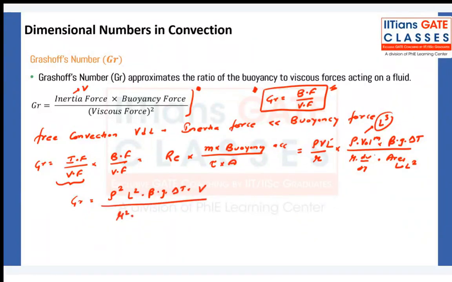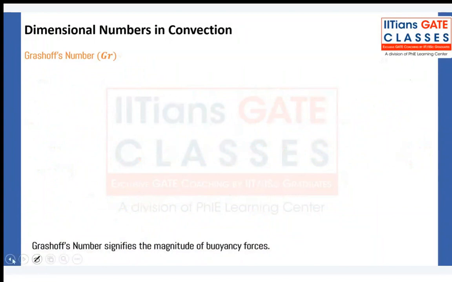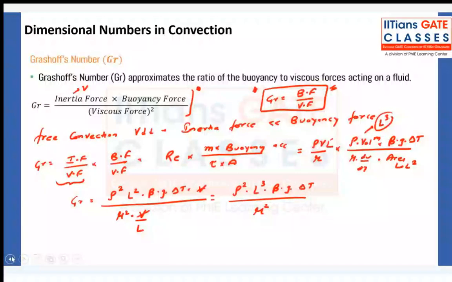This is velocity by L. This much is left. So velocity and velocity will also get cancelled. Rho square L cube beta g delta T upon mu square. I think this is correct. I think this is how we give Grashof's number.